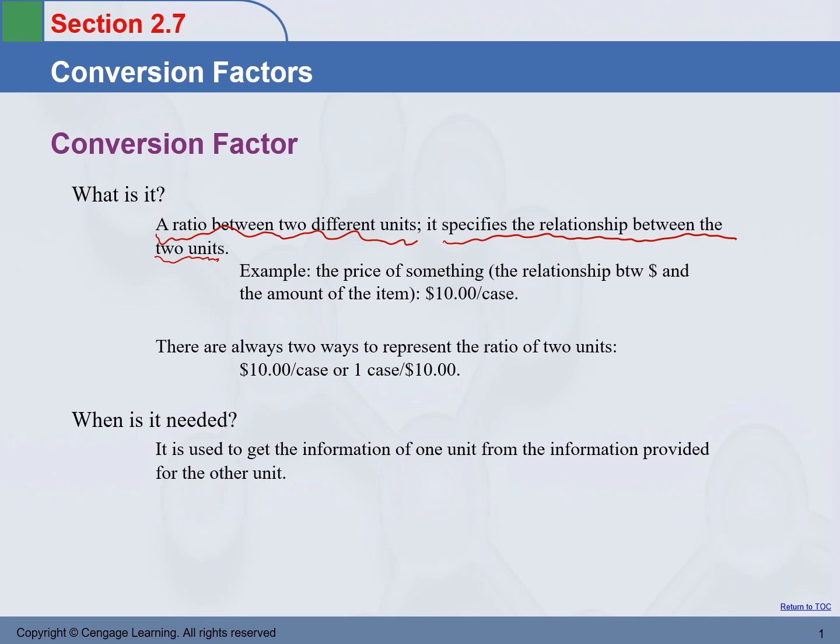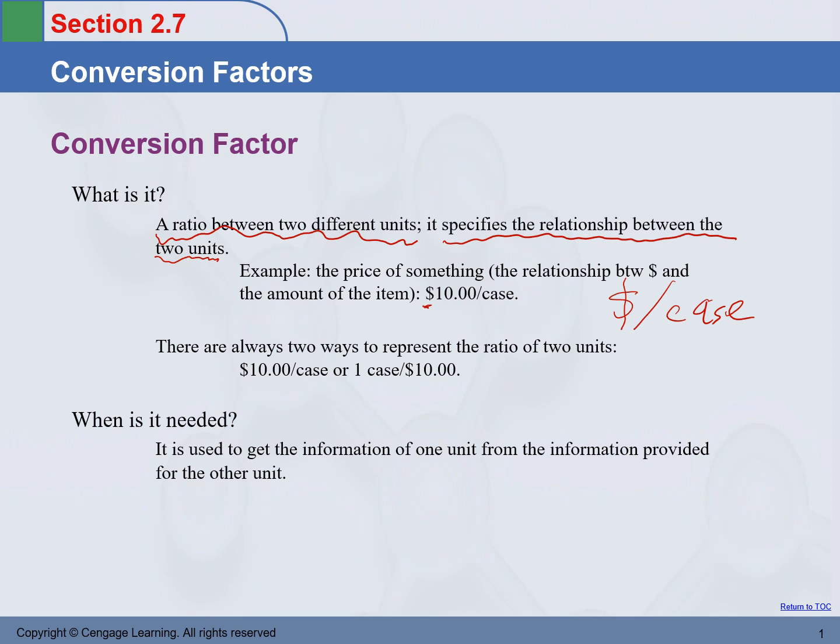Okay, the 2 units are the amount of money, dollar, with the ratio to another unit, case. How much money per case? This is a ratio of 2 different units. It tells you the relationship between the amount of dollar and the number of cases. This is a conversion factor.